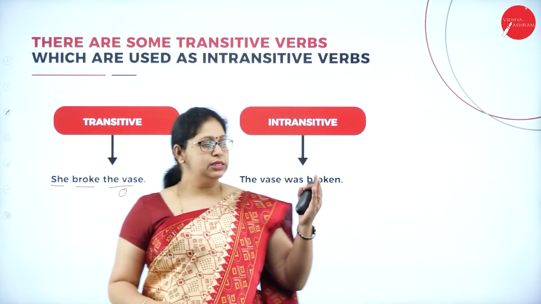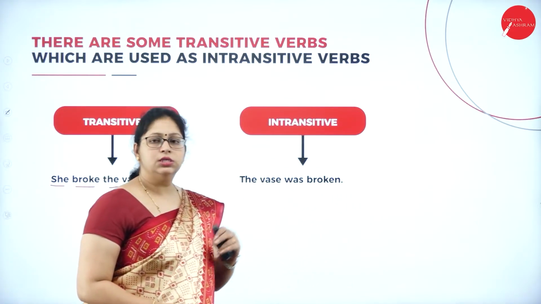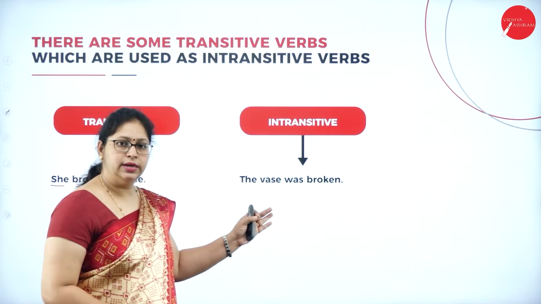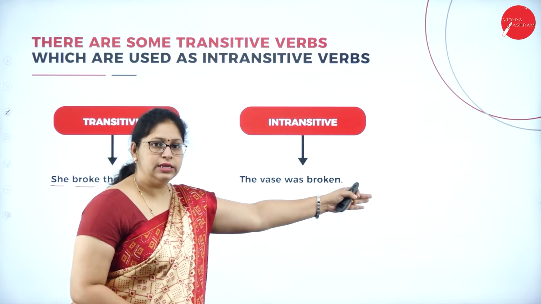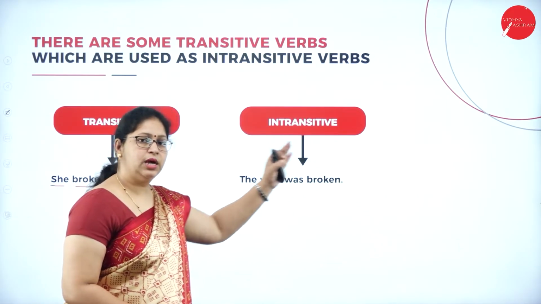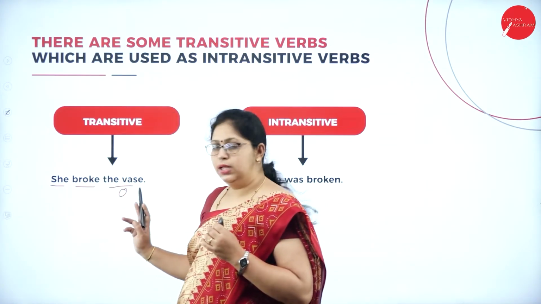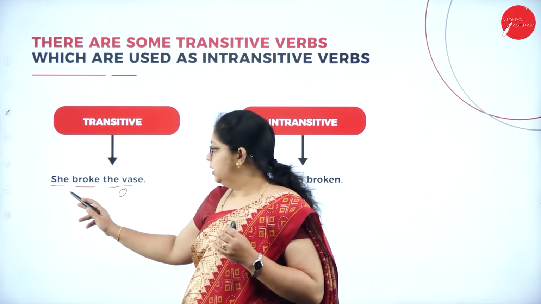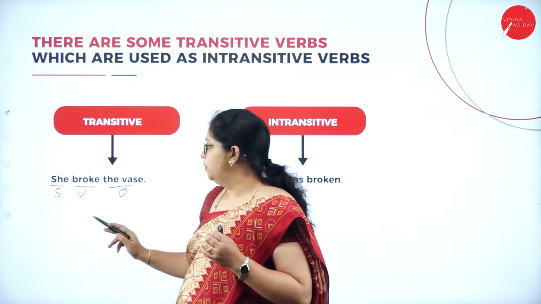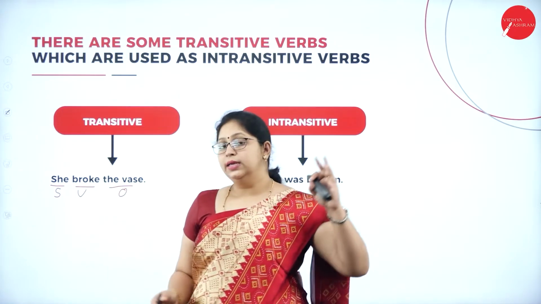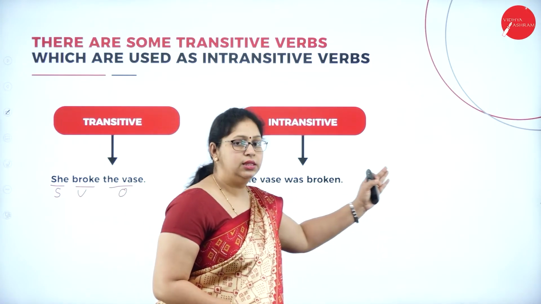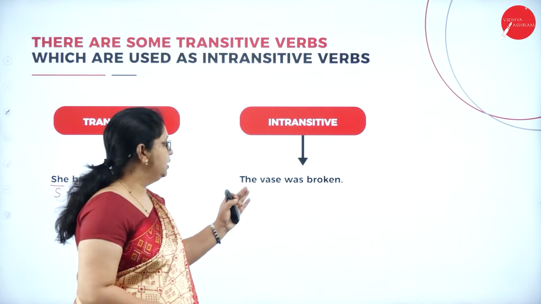Okay. See, in this sentence, the vase was broken. The same thing is said, correct? But there is no receiver. The object becomes the subject here. She broke the vase: here the subject, verb and object are there. And in this sentence, the vase is the subject.